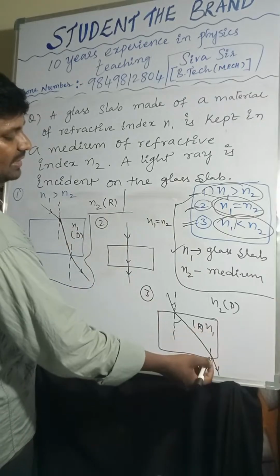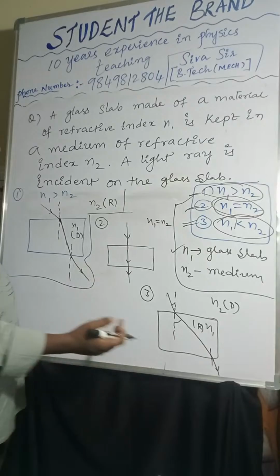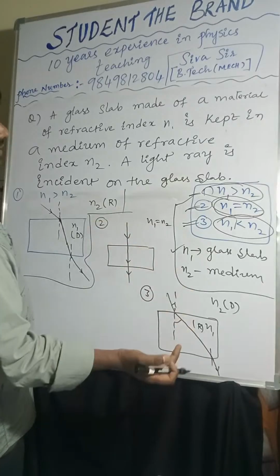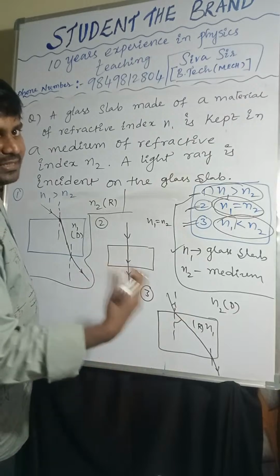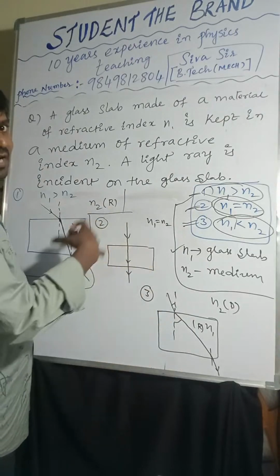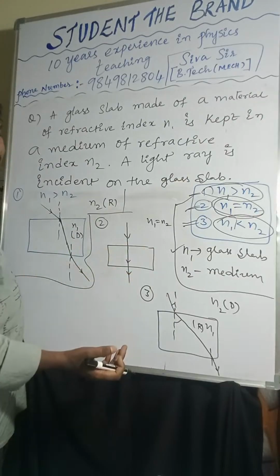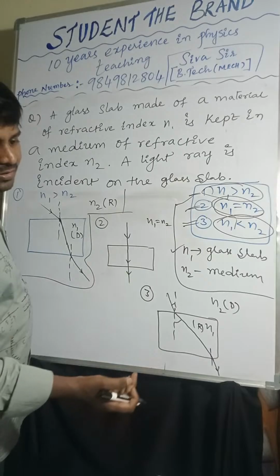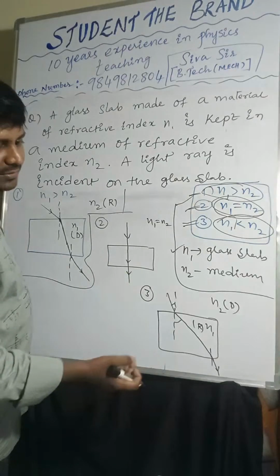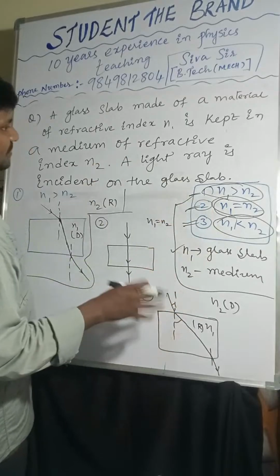According to that, it is very easy to identify and we can immediately draw the diagram in a simple, easy way. Without identifying the rarer medium and denser medium, if you are simply drawing, you may get it wrong. So try to follow the refractive index.